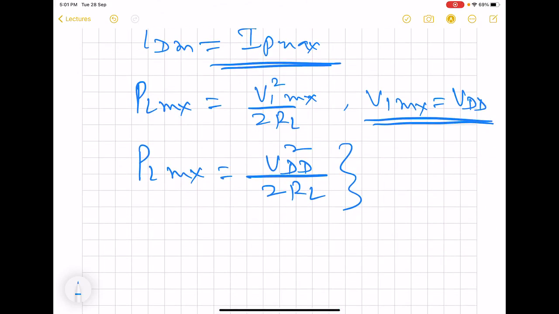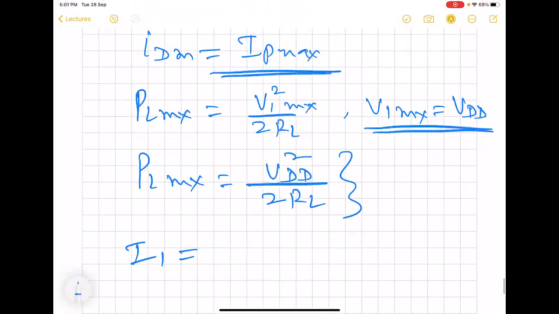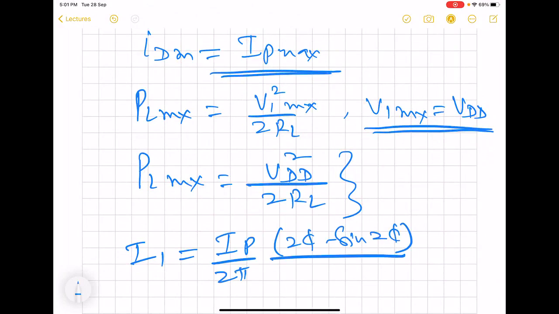So here, we know that the fundamental, which is responsible for the power delivered to the load, is given by I_P by 2 pi (2 phi minus sine 2 phi) by (1 minus cos phi).